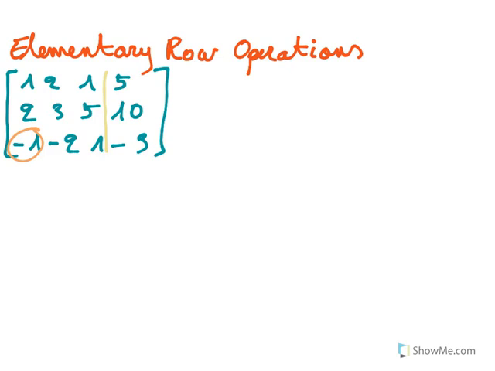Now we have 3 row operations, and the one that we're going to use the most actually is adding a multiple of a row to another row. And in this case, we can simply add the first row to the third row. Okay, and I'll denote that like this: row 3 plus row 1.